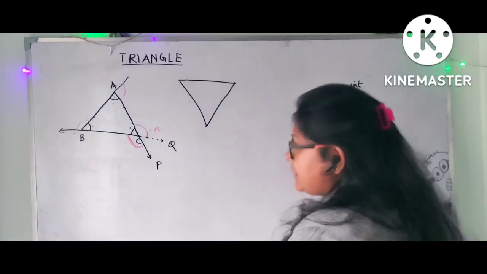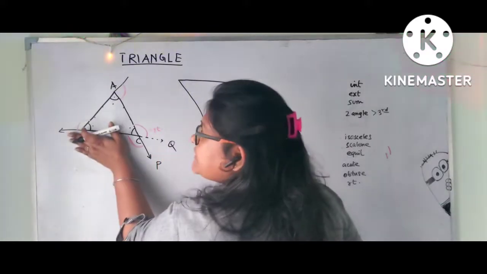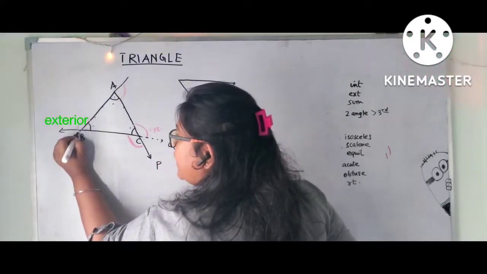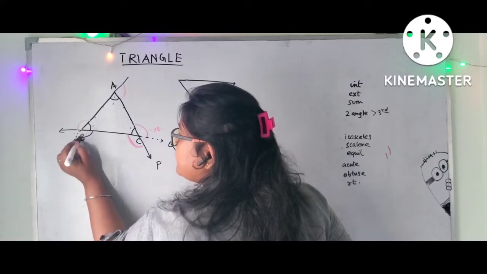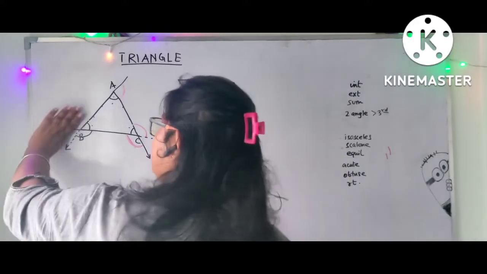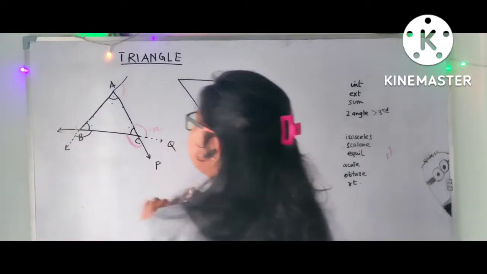Similarly in this case, as I've extended this angle here, this was my exterior angle. Now if I extend my angle here, this will be my exterior angle. See, I have removed this, so I hope you can see this is my exterior angle.